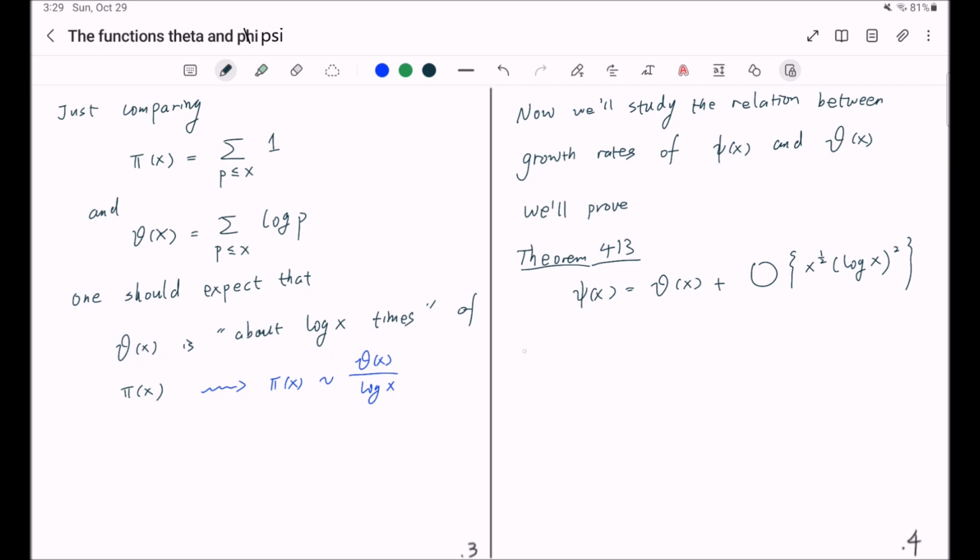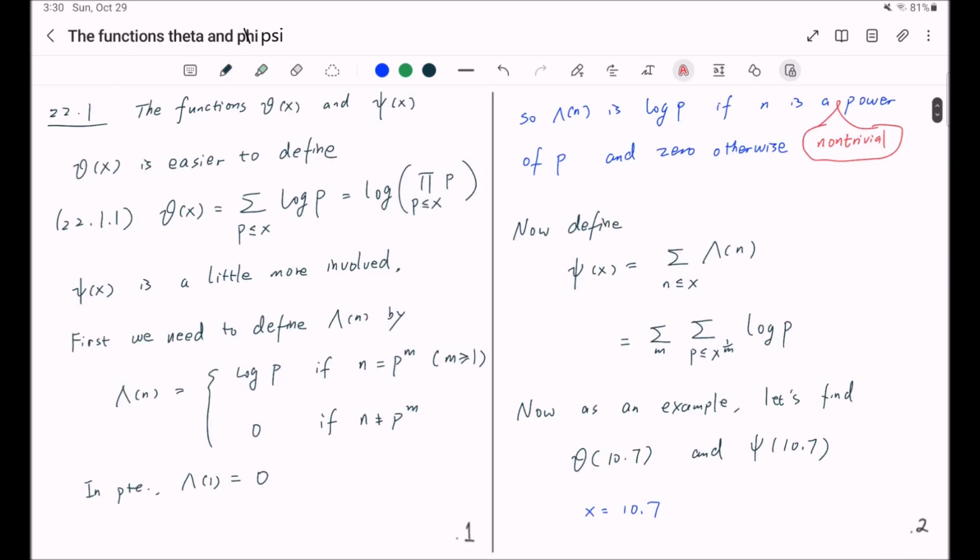So how do we prove this? To see this, we first observe that psi of x is equal to, by the definition, as I mentioned from here, you can write psi of x as a double sum, where the outer sum is over all positive integers m, and the inner sum is really equivalent to p to the m less than or equal to x, namely some power of p less than or equal to x.